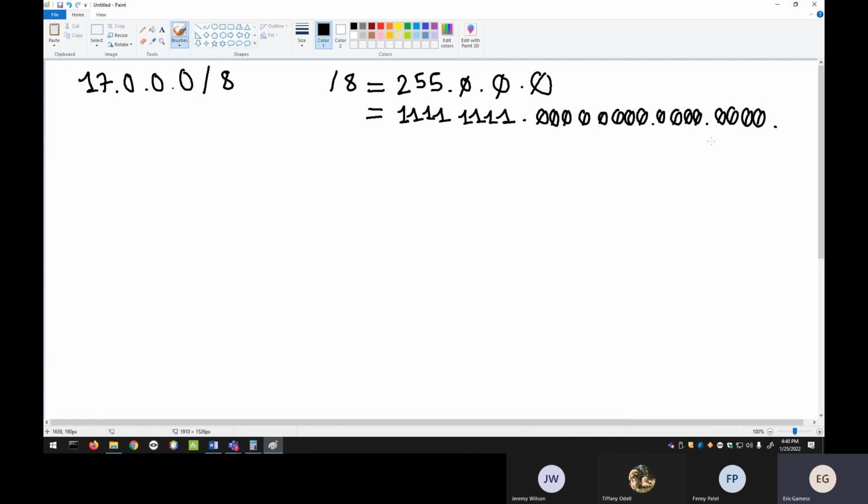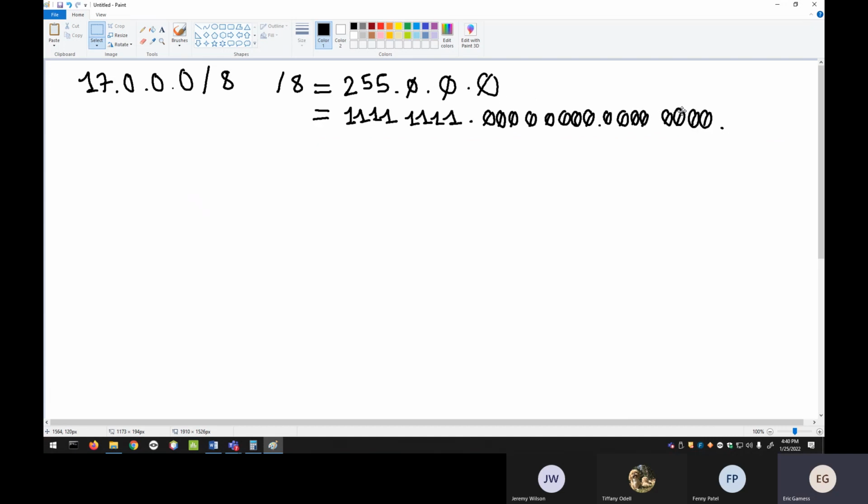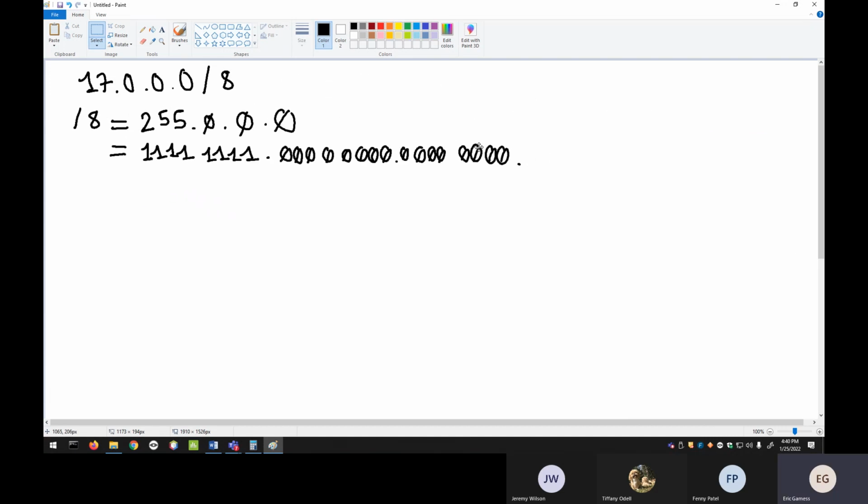Oh, here we don't have a dot. I did a dot that is not there. Let me remove it. Okay, let me push this a little here and put it here.